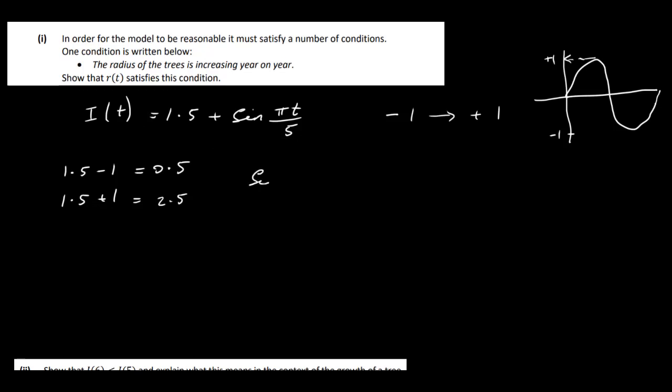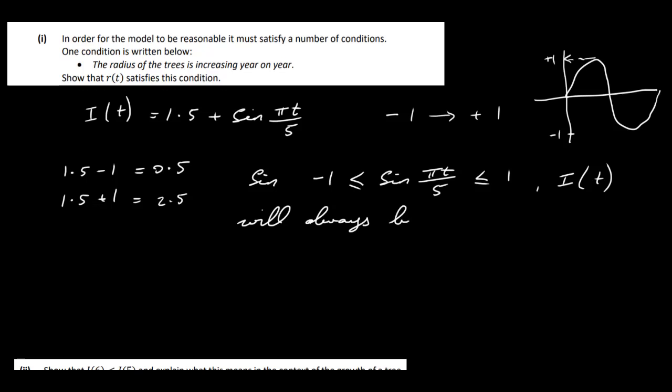You can say something like, since sine pi t over 5 will always be greater than or equal to minus 1, and less than or equal to 1, that would mean that I of t will always be greater than or equal to 0.5.